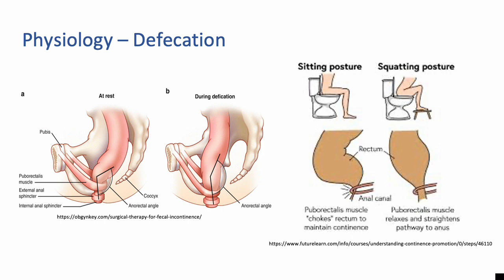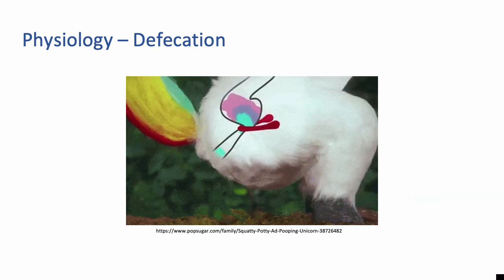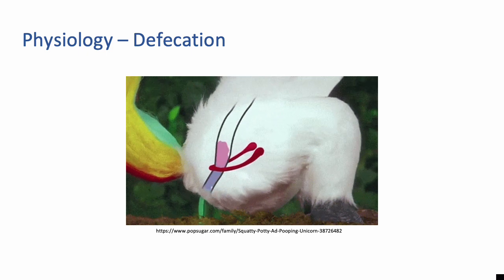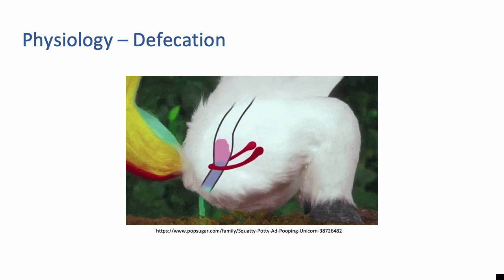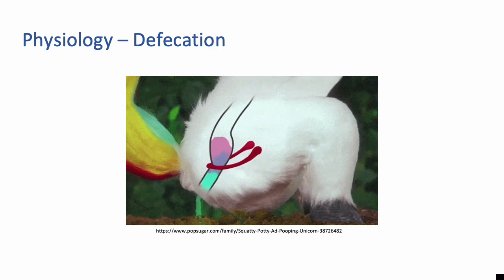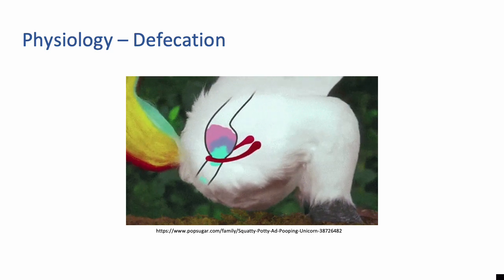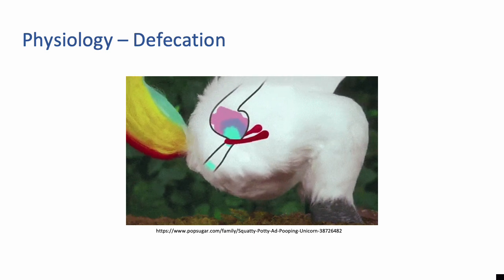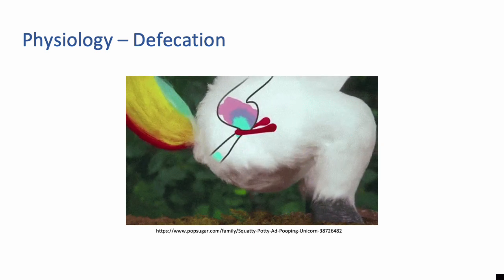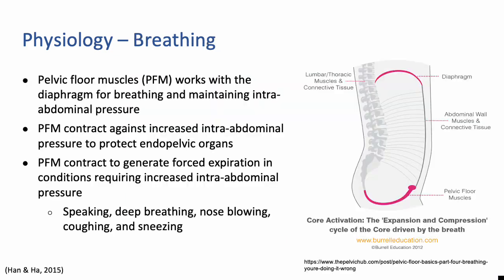On the right, here's a picture showing that in relation to the posture on the toilet. So sitting versus squatting. Squatting allows the puborectalis to relax more, stretches out the pelvic floor more, increasing that anorectal angle. Here's a video showing that in motion. So we see as the unicorn goes into squatting, that puborectalis is relaxing or stretching, allowing the anorectal angle to increase and the stool to pass.